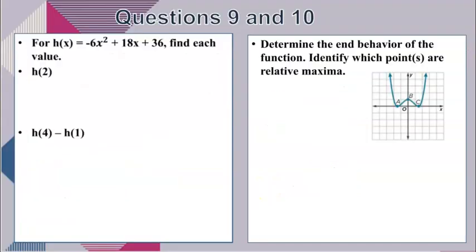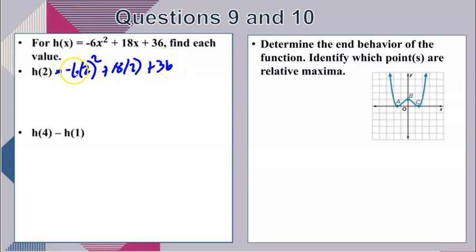Question 9. For h of x equaling negative 6x squared plus 18x plus 36, find each value. In this first one, x is going to be 2. So if I put 2 in for x, I have negative 6 times 2 squared plus 18 times 2 plus 36.